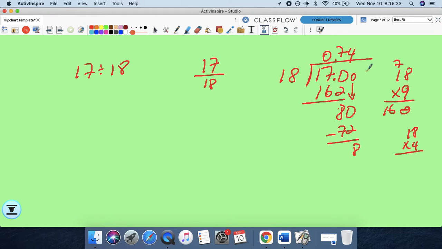Subtract, 8 left over, bring another 0 down, so now you know that it's going to be a repeating decimal again, because it's going to be 4, 4, 4 over and over. So we're going to write that 0.74 with bar notation on top of the 4, because that's the number that's repeating.